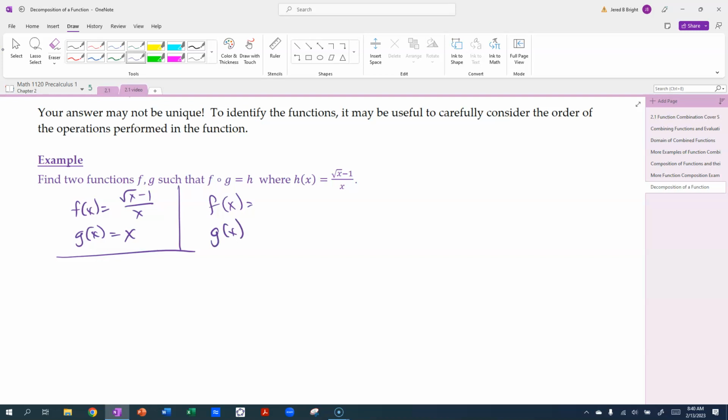This one might take a little bit of vision. The example that comes to mind for me, and maybe you have something else in mind, is if we look at the numerator, the square root of x is kind of unusual. So maybe instead there used to exist an x there.